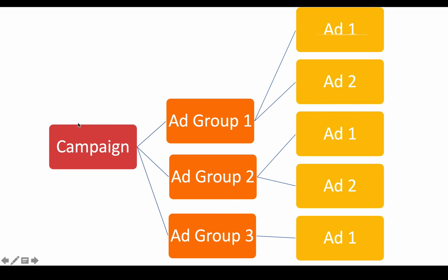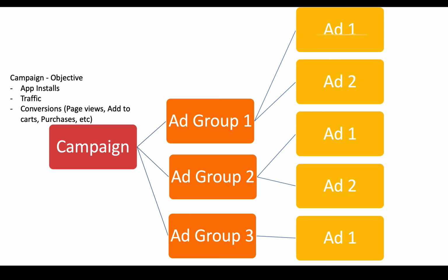Now, why such a segregation? When you go to campaign, your campaign defines what is the objective of your campaign. So, do you want applications to be installed? Do you want traffic on your websites? By traffic, you mean you just want people to see your website, nothing else. That's an objective. Third objective is conversions.